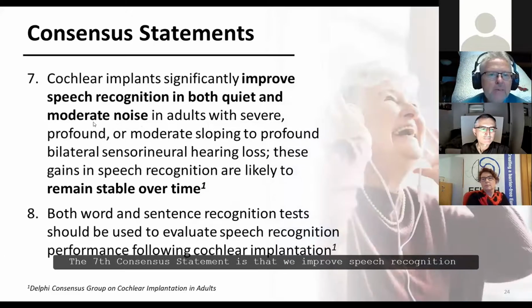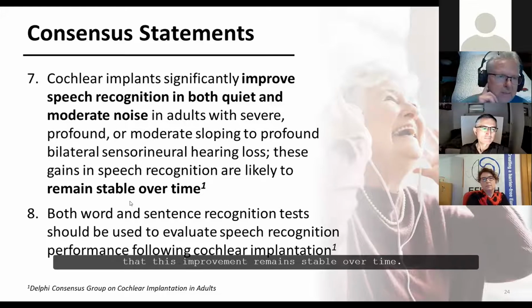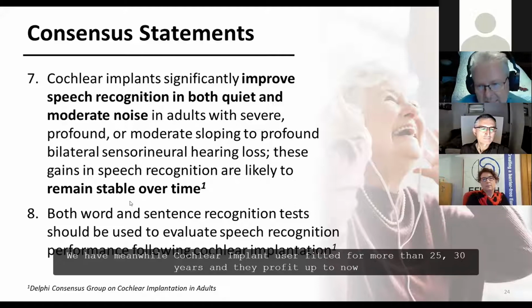Okay, so the seventh statement is that we improve speech recognition in quiet and moderate noise, and it's important that this improvement remains stable over time.